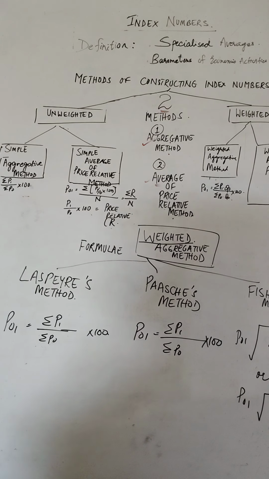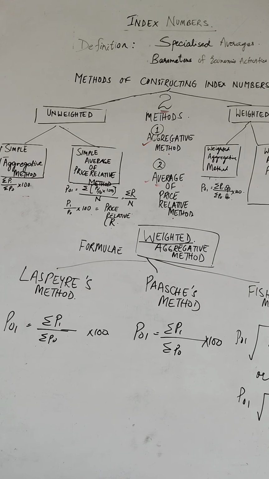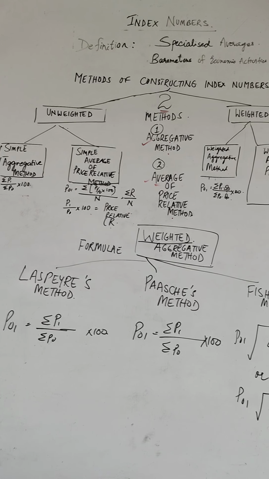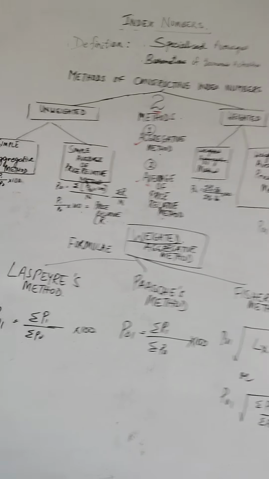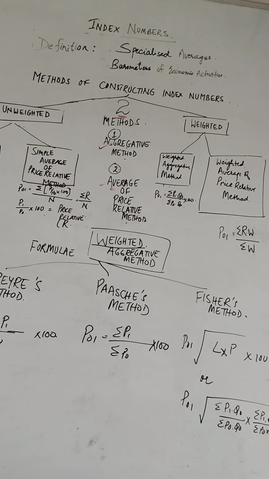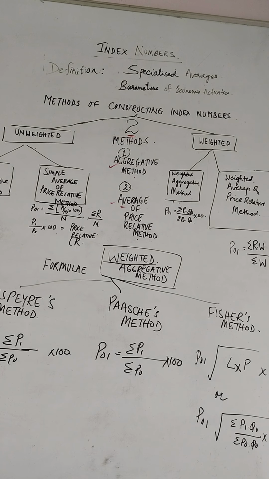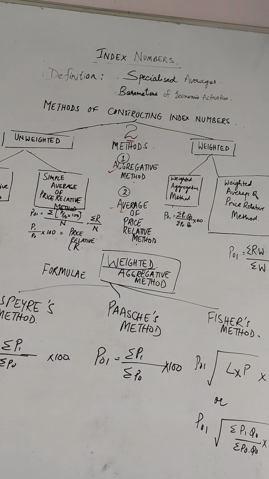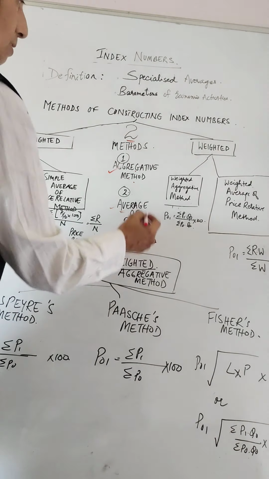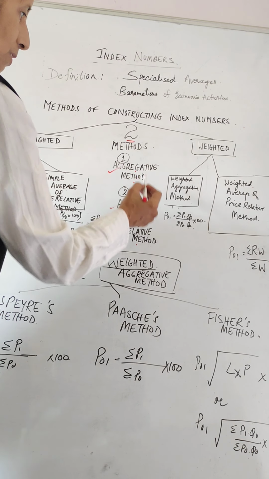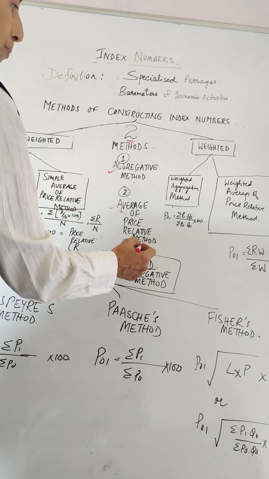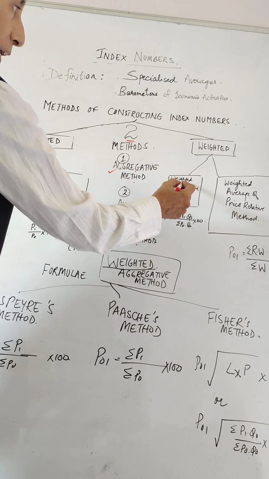Now we come to what is known as weighted index numbers. So in the weighted index number, there will again be only two methods: the aggregative method and the average of price relative method. But with what? With weights.